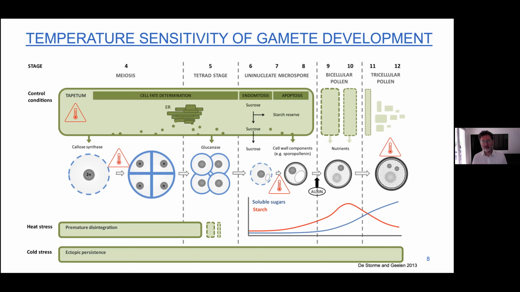In the male reproductive system, however, there has been a much better mapping of the different processes that are being affected by heat stress. So in general, we can point to 4 different processes. The tapetum, which is a nursing cell layer surrounding the developing spores and microspores that is responsible for feeding the pollen, is sensitive to high temperature.